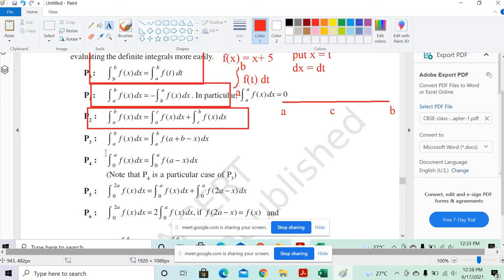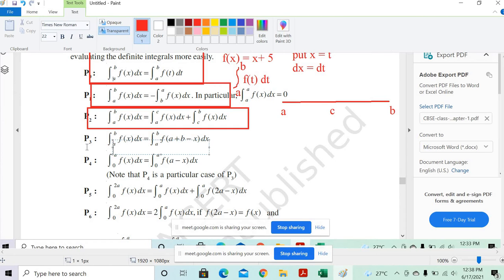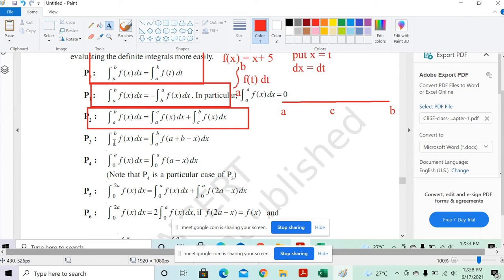No, sir. Clear. Okay. Next is a very important property. The integral from a to b of f of x is also given as the integral from a to b of f of a plus b minus x. What does it mean now? This property is quite important.